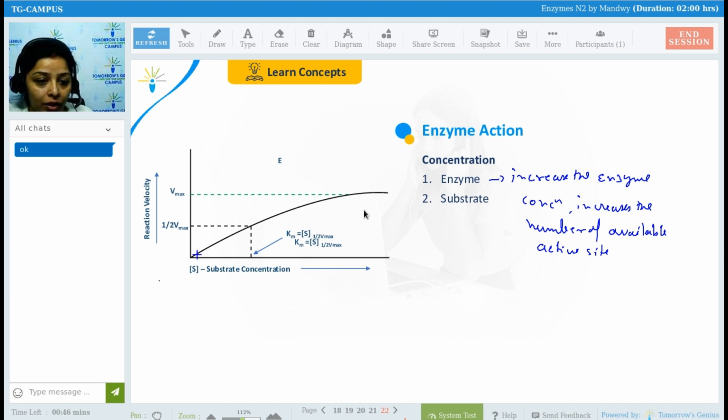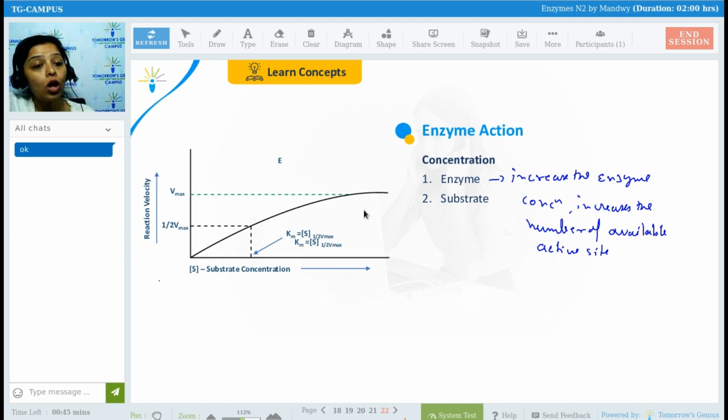Here you can see as the substrate concentration is increasing, the rate of reaction is also increasing, only till all the available active sites are saturated by the available substrate.